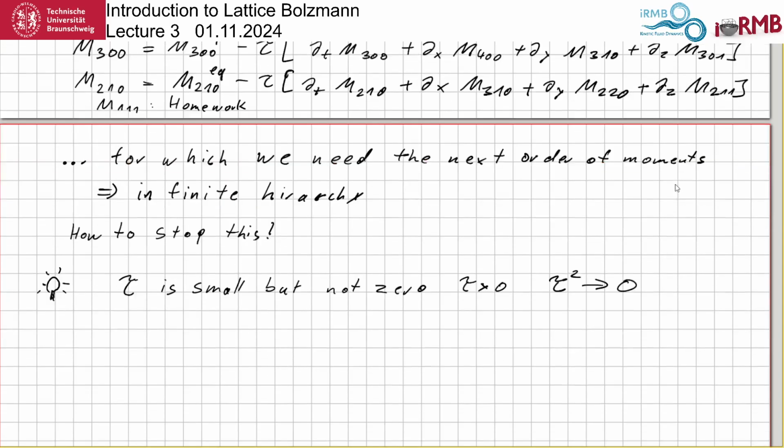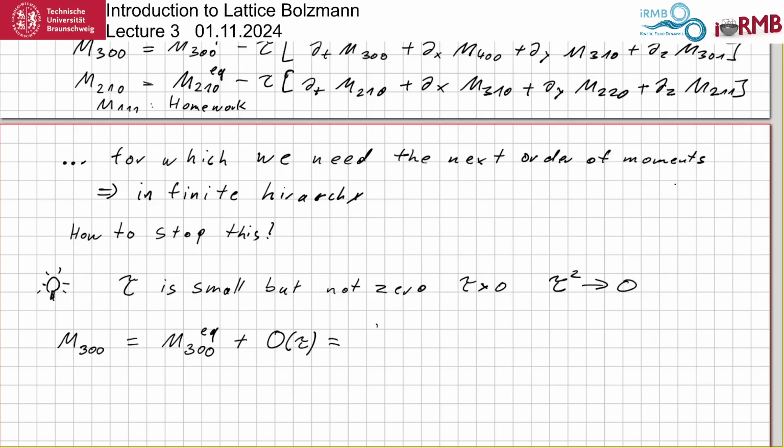And then we compute these new moments, M300. M300 is M300 equilibrium plus something of order tau, because it's the equilibrium plus tau once more.